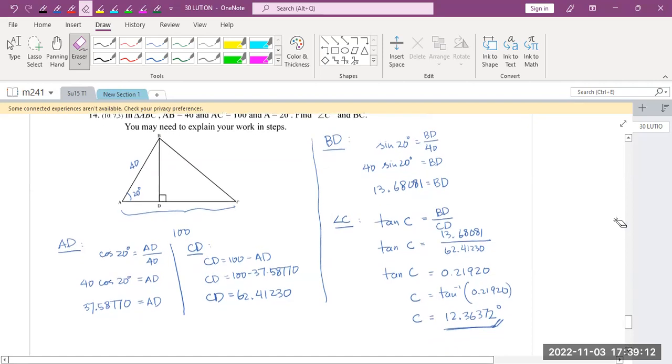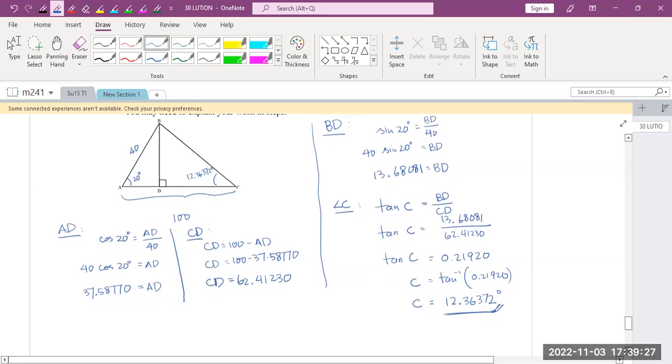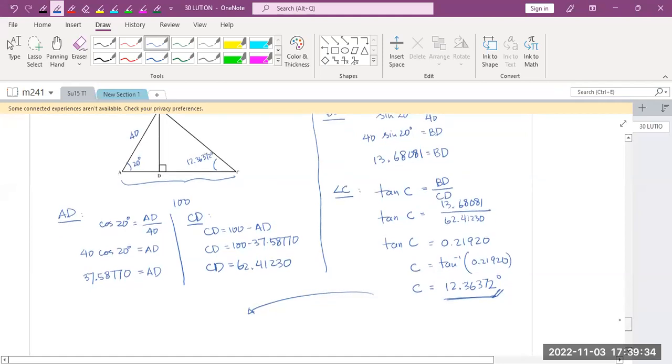Now I need to find BC. This one is 12.36372 degrees. Now, what is BC? Let me use sine.